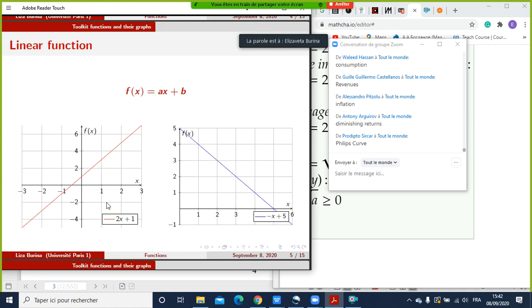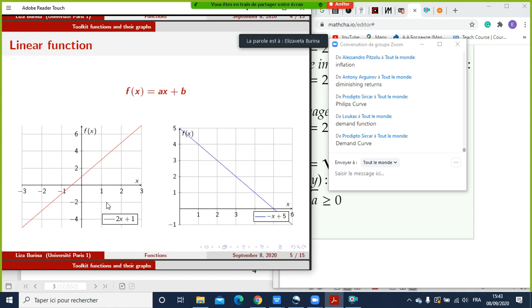This reminds you, or maybe not, but give me an example of what this function can represent. Demand, yeah. The simplest way we plot demand is a decreasing linear function. Budget constraint we plot the same way, though our axes are more like one good, another good.